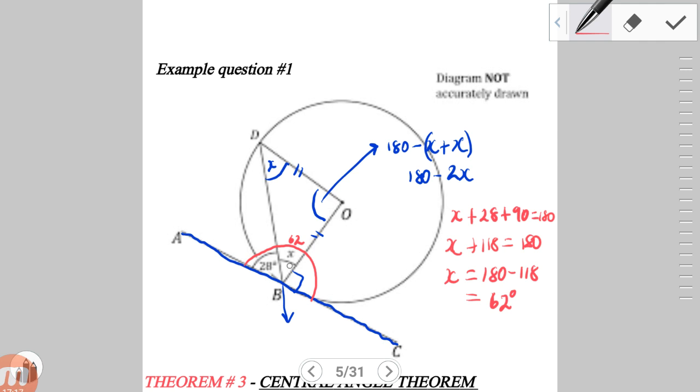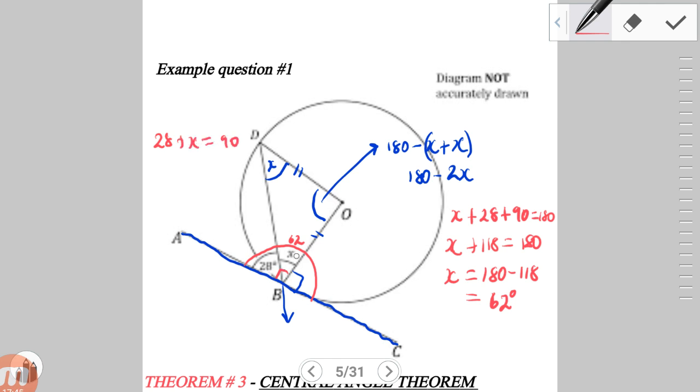We could actually find the angle marked X, which I could safely say is an easier way, or it's more or less the same. Remember, we had said that OB is a radius that meets the tangent AC at 90 degrees. So on this side here, we could say that 28 plus X equals 90 degrees.